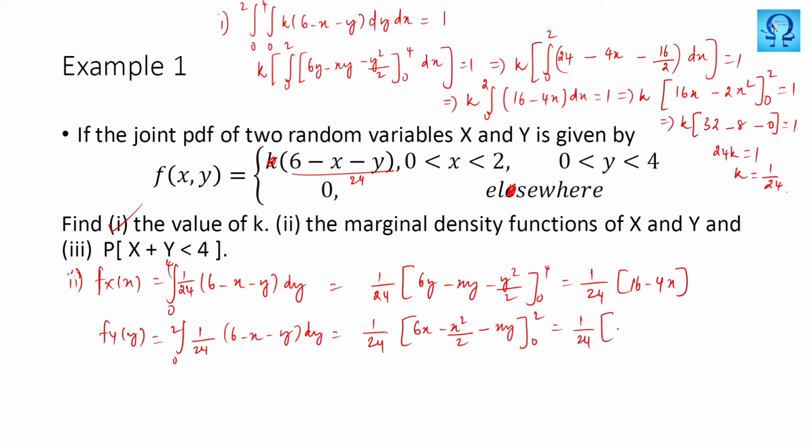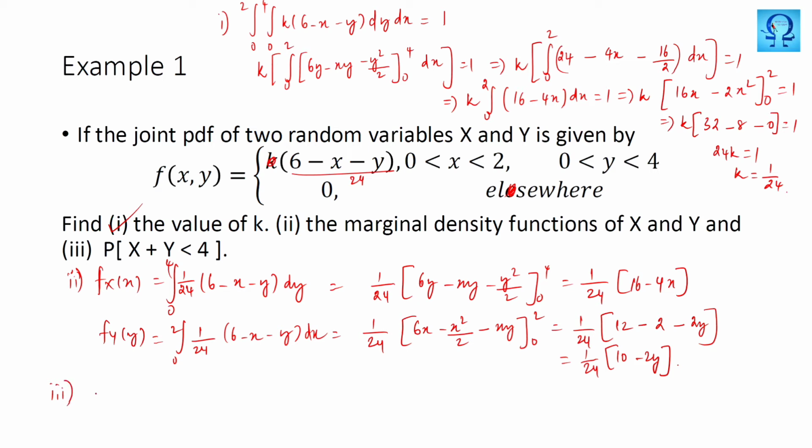So 1 upon 24 times (12 minus 2 minus 2y), which is 1 upon 24 times (10 minus 2y). This is the marginal density function of y.